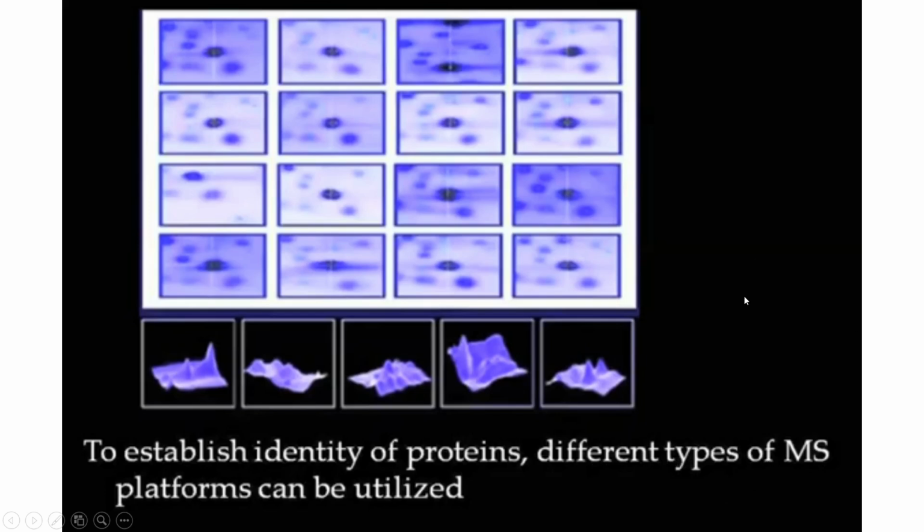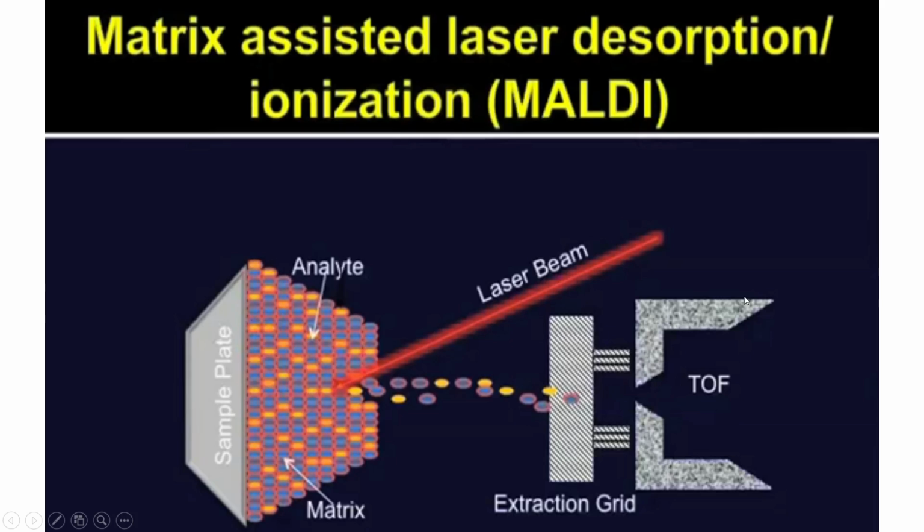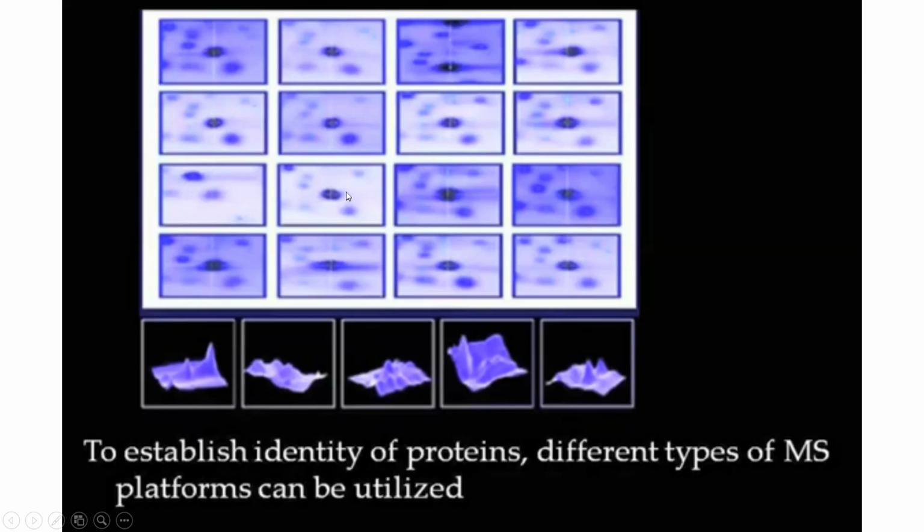Here we discussed only one platform, which is MALDI-TOF, one of the platforms for identifying the protein. So now you know that this is a specific protein which is not present in the control but present in the patient, or not present in the patient but present in the control. You can also check vice versa.